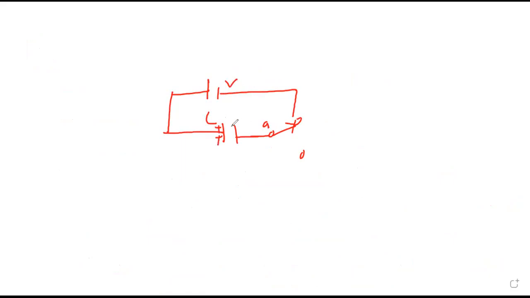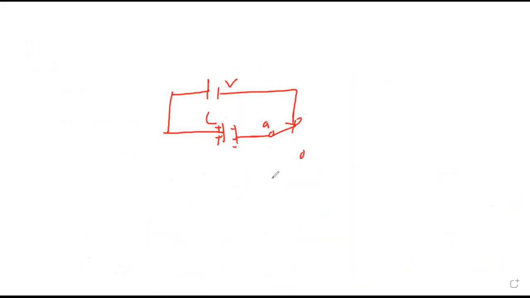That means if I have a condenser of capacity C and this switch at position A is connected to a battery of voltage V, तो इधर प्लस प्लस आएगा, इधर माइनस माइनस आएगा, बराबर.